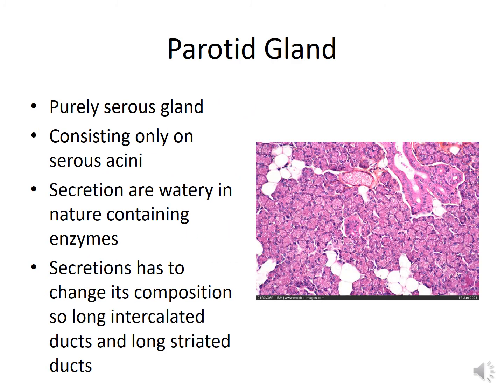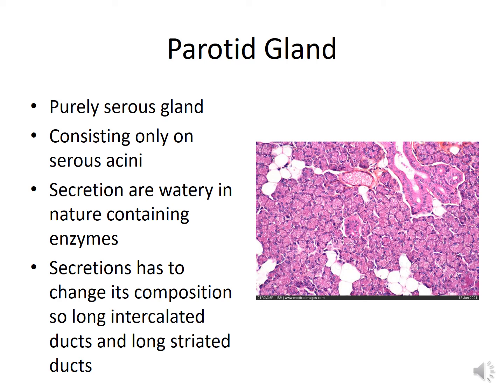Now we will differentiate between the three glands, the histological features. Number one is the parotid gland. This is a purely serous gland. Most of the secretions come from the parotid gland, and they consist only of serous SNI. So they only contain the secretory end piece. It contains the serous SNI. No mucous SNI are present here.